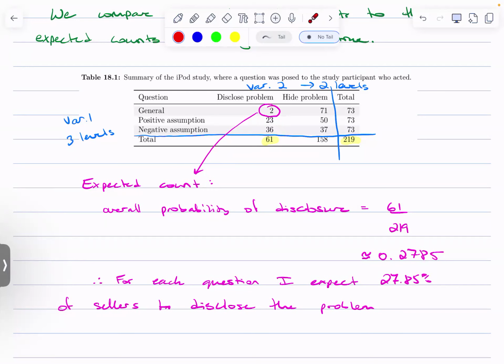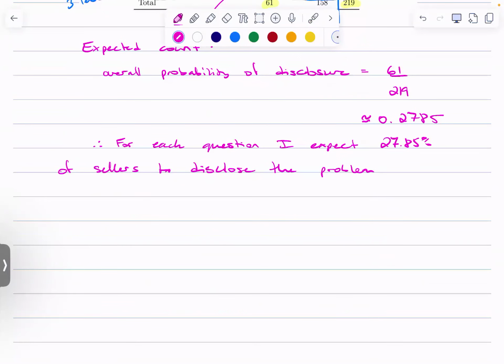So 73 sellers times 0.2785, 73 times 0.2785, I expect 20.3305 to disclose the problem.